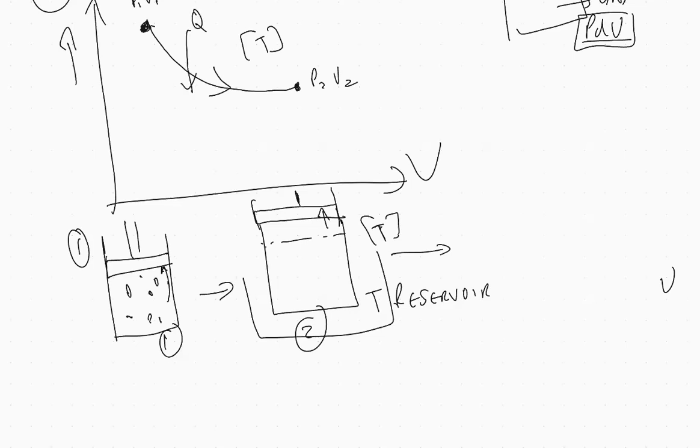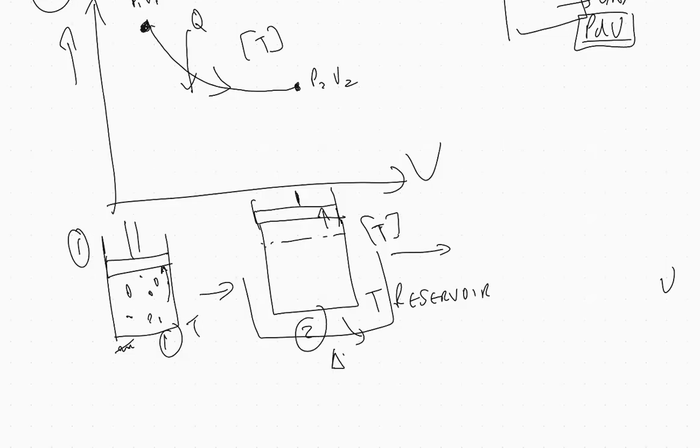One more thing I want to show is that here the temperature is kept constant. So now the internal energy, when we keep the temperature constant, internal energy doesn't change, so it becomes 0.